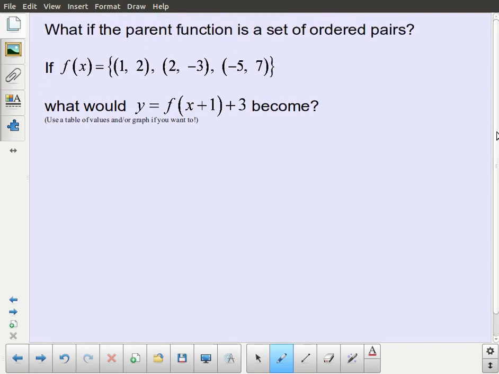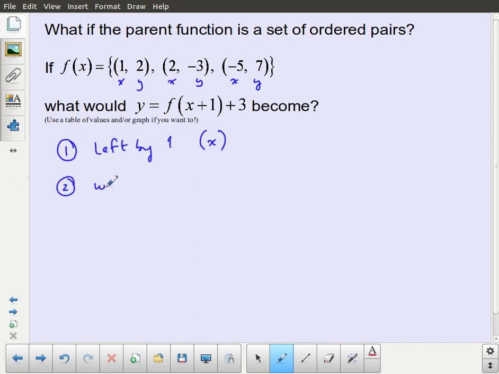And I illustrate that further because now, what if the parent function is actually just a set of ordered pairs? So essentially a set of points. There's an x, there's a y, there's an x, there's a y, there's an x, there's a y. So our transformations: transformation number 1 is left by 1, and that's going to affect the x because it's left right.